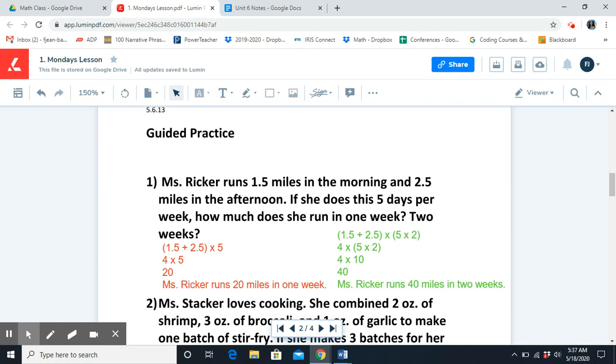So we know that 1 week equals 5 days and another week would equal 10 days. So our new expression is 1.5 plus 2.5 times 5 times 2.